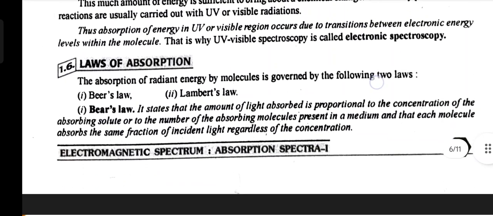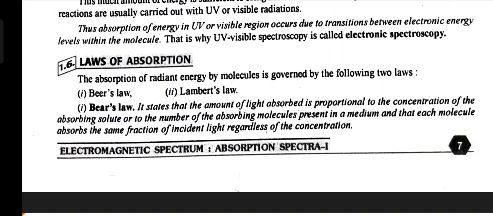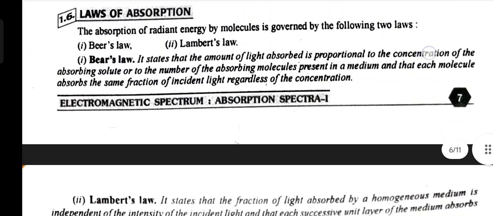Laws of absorption. The absorption of radiant energy by molecules is governed by the following two laws. Beer's law. It states that the amount of light absorbed is proportional to the concentration of the absorbing solute, or to the number of the absorbing molecules present in a medium, and that each molecule absorbs the same fraction of incident light regardless of the concentration.